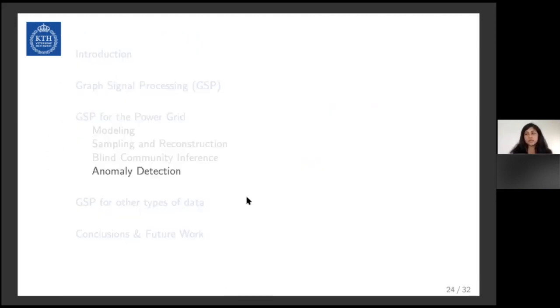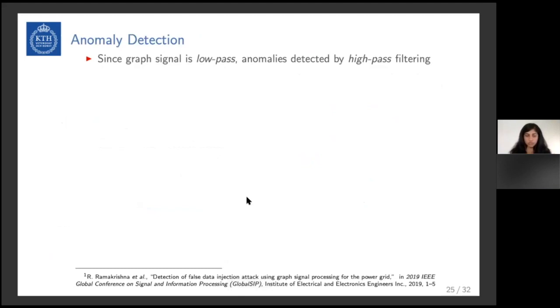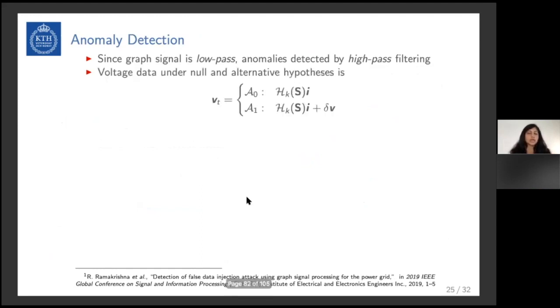With that, we move on to the next part, which is anomaly detection. So since the graph signal that we are considering is low pass, anomalies are detected by high pass filtering. And the voltage data under the null and alternative hypothesis, or when there is an anomaly versus when there is not, is as follows here.